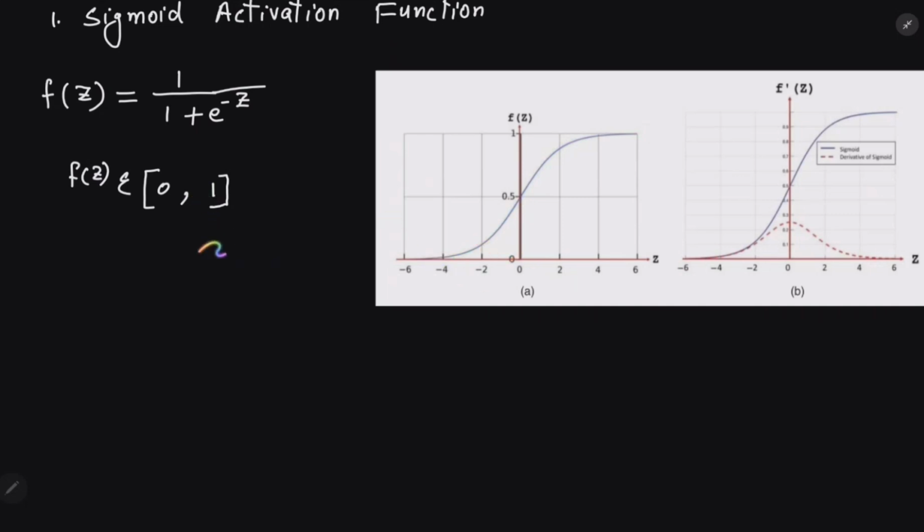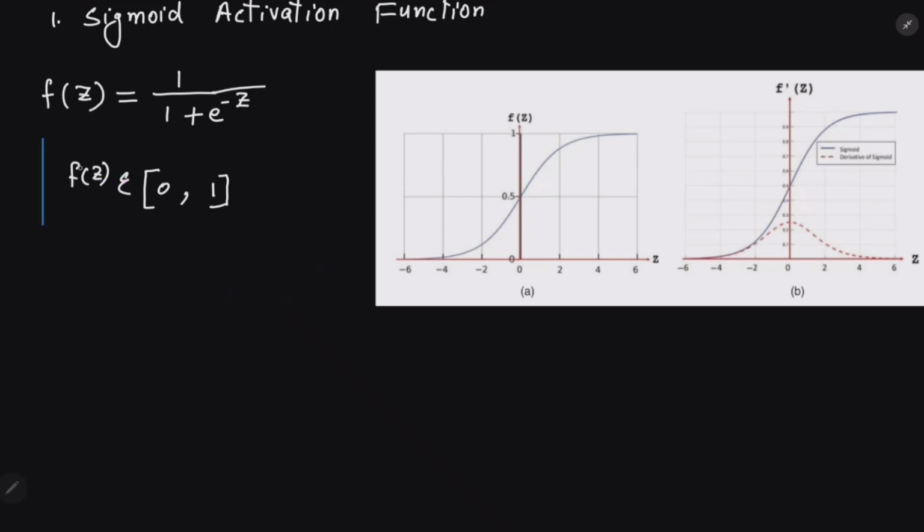In the previous video, I discussed with you the 0 and 1, the open interval. It can be a closed interval, but z cannot reach that in a real situation. In the data we have, probably we cannot get z approaching infinity or minus infinity, and so on.